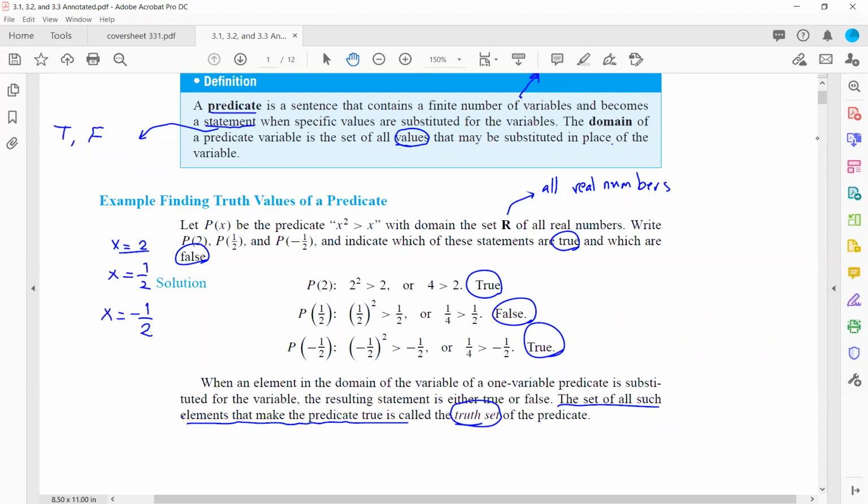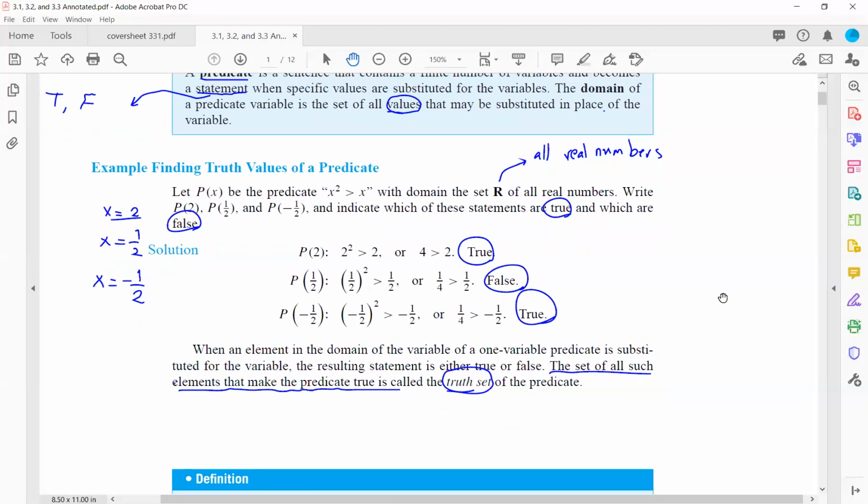The domain is R. The truth set is all elements, all values that make the predicate a true statement.